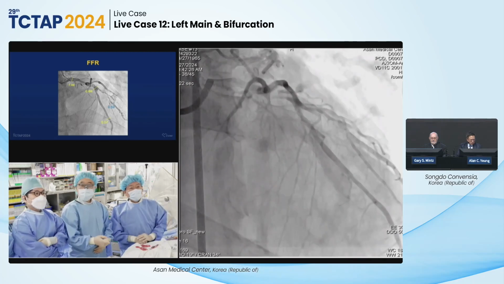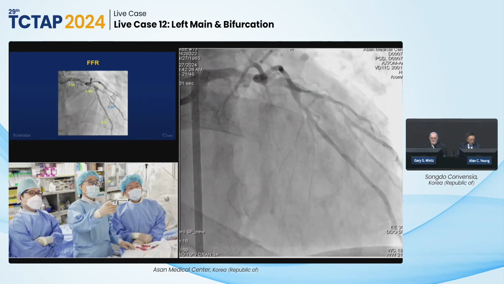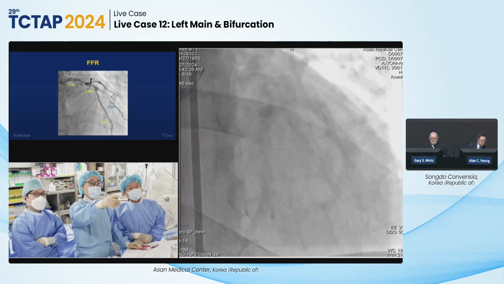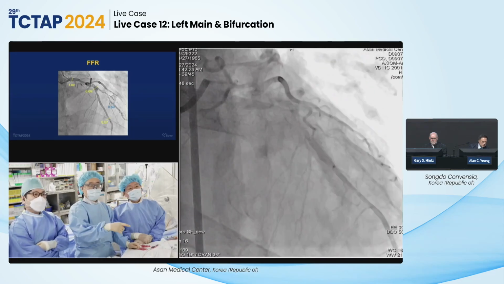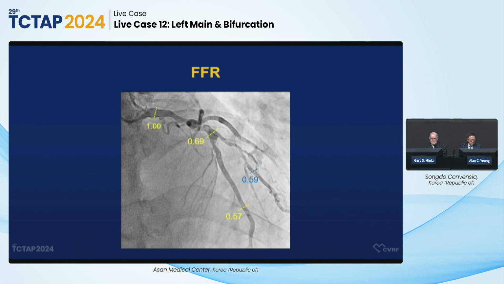So would you explain the FFR procedure? So we measure the FFR first. For measurement in the left main disease, absolutely the zeroing at the guiding catheter tip is an essential part. And then after zeroing, we measure the FFR, as shown in this figure, from the LAD to the left main and diagonal to the left main.